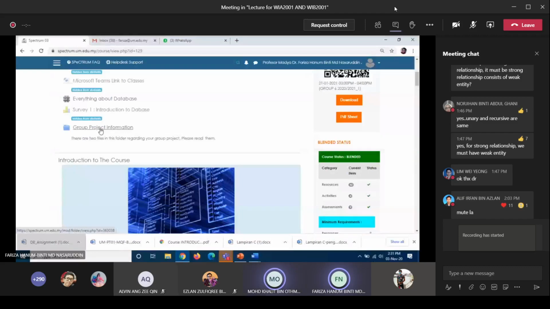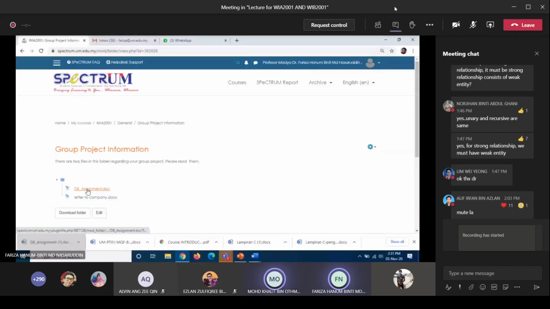One is more information about the assignment, and number two is about going to the company. Even though you may meet with them online on Zoom or Google Meet or Teams, you still need to give them a letter. That is a template of the letter. Once you have put in the information there, you need to ask us to sign the letter, for our approval.